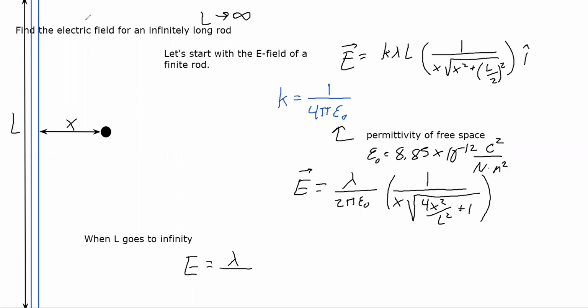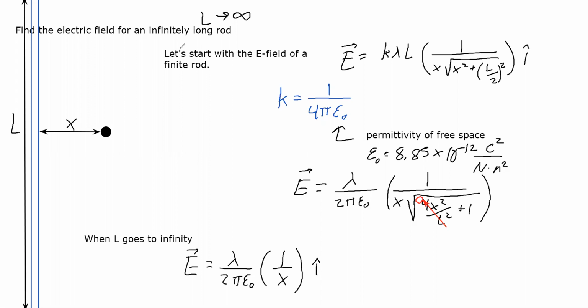Lambda over 2 pi epsilon 0. And all we're left with, because if L goes to infinity, what happens to this? Well, that just goes to 0, doesn't it? If you have infinity in the denominator. So now we're left with 1 over x, and it's still in the same direction.